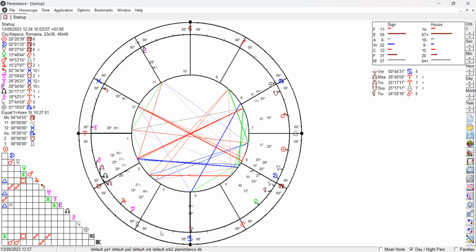Vertex is everything that doesn't depend on you, where fate comes into your life in the most predominant way. So vertex is like fated connections, fated partnership, fated elements that don't depend all that much on you, where the part of fortune is what depends on you, your fortune basically.